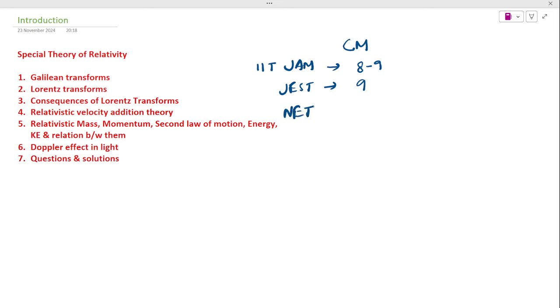And in NET here is 7 to 8 questions, and after that the GATE exam we have questions 5 to 6. So we just go ahead with our discussion.